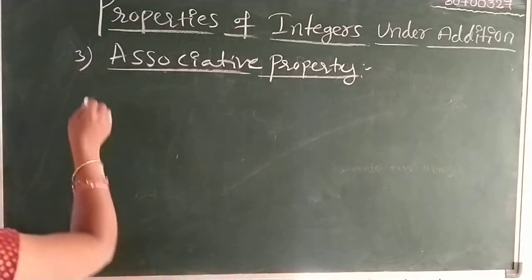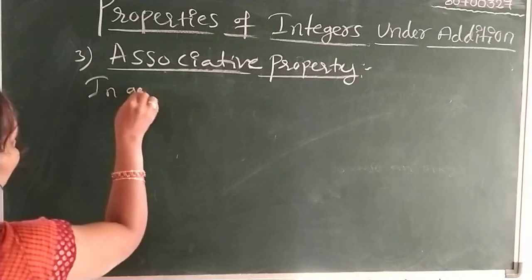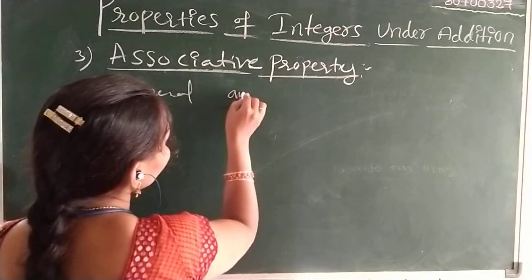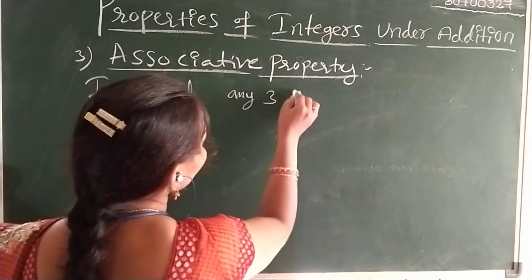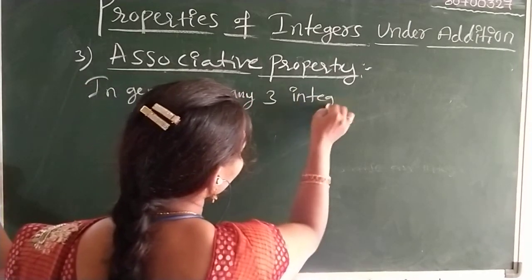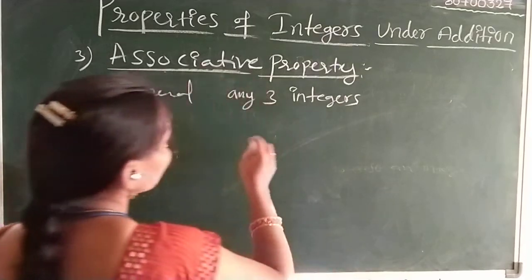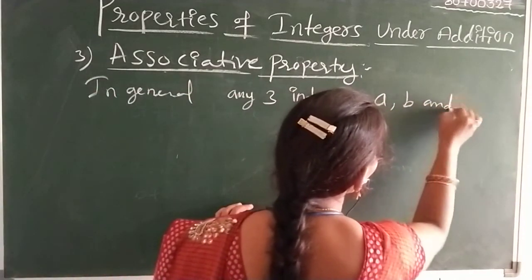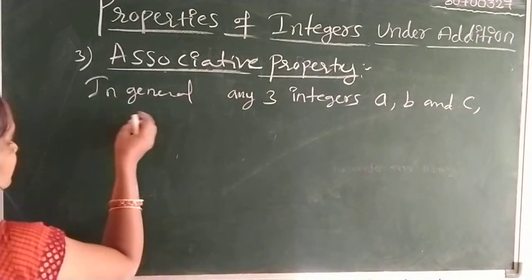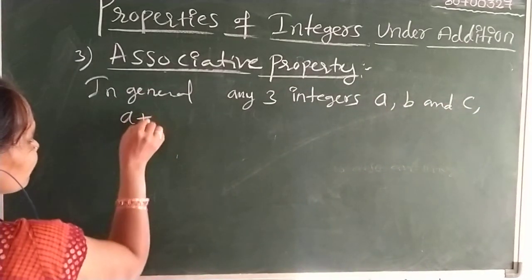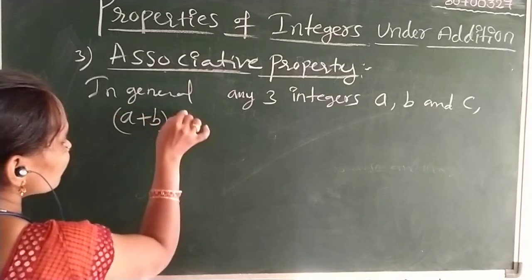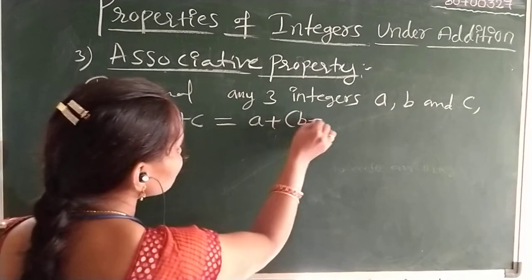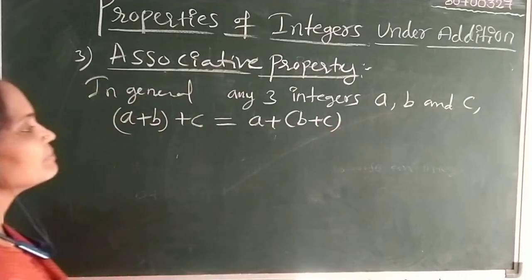In general, if you take any three integers a, b, and c, then we can write the statement like this: (a plus b) plus c is equal to a plus (b plus c).